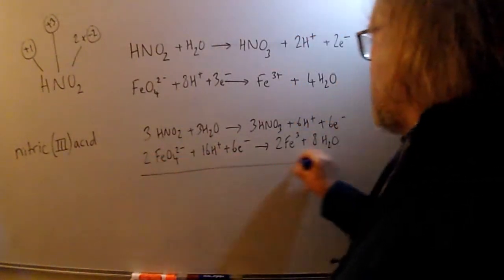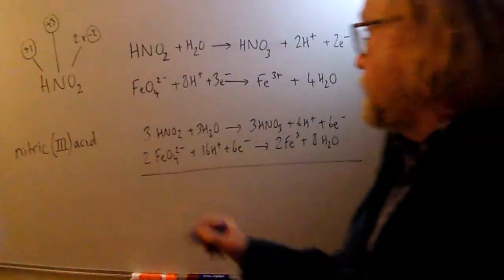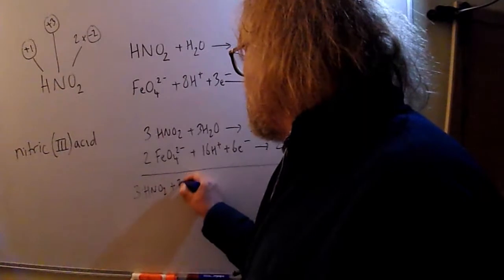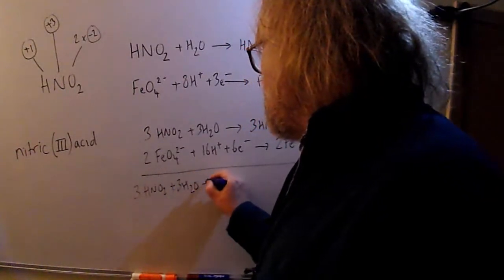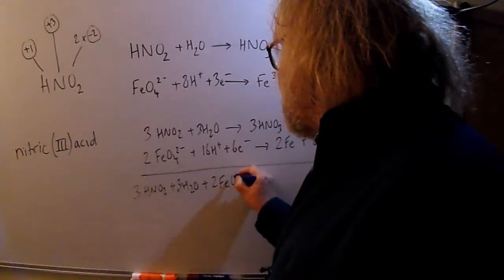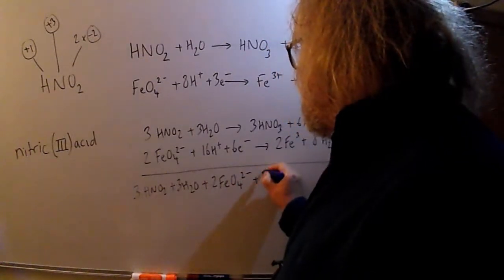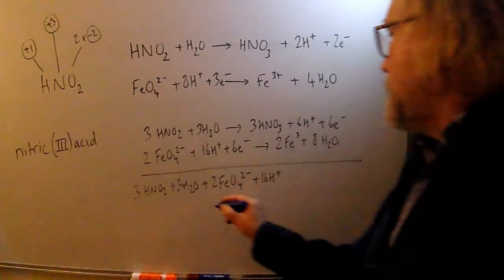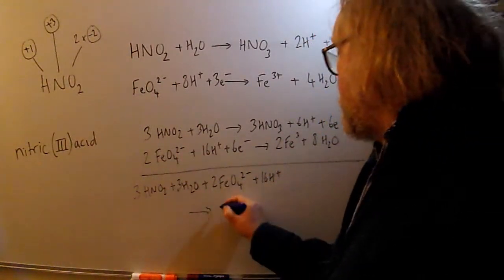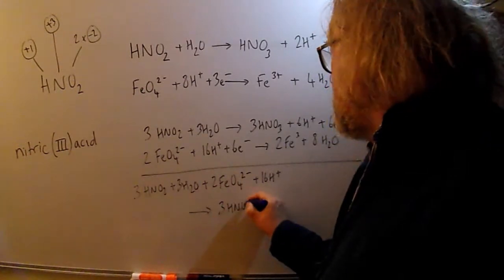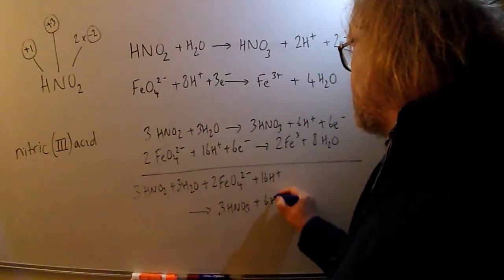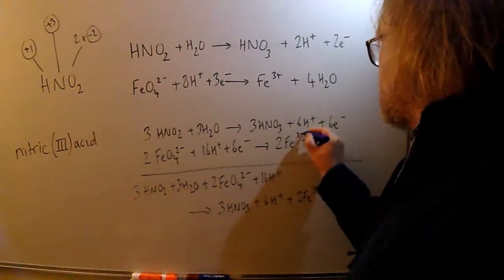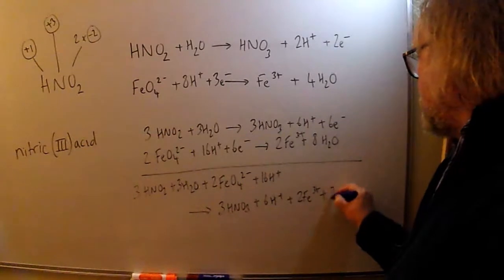Now we can add all of that lot up together, and we get 3HNO2 and 3H2O and 2 FeO4 2- and 16H+. We won't put the electrons in because we know they're going to cancel, and that goes to 3HNO3 plus 6H+ plus 2Fe3+ plus 8H2O.